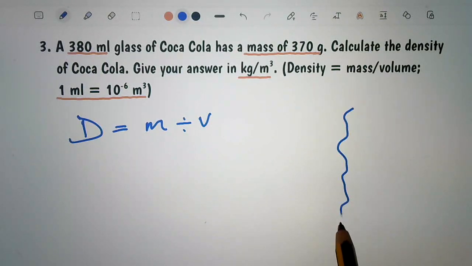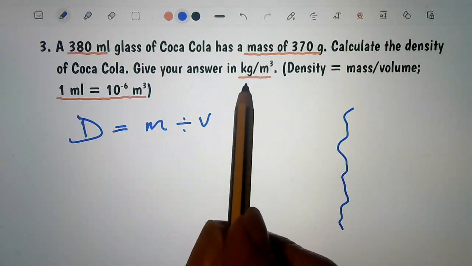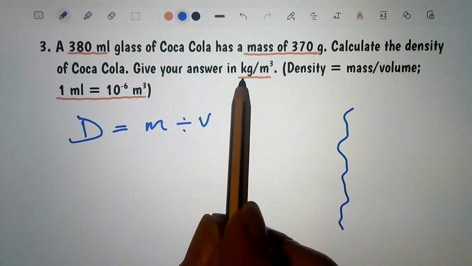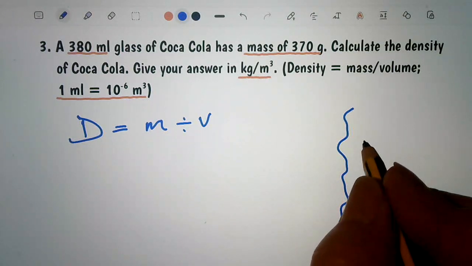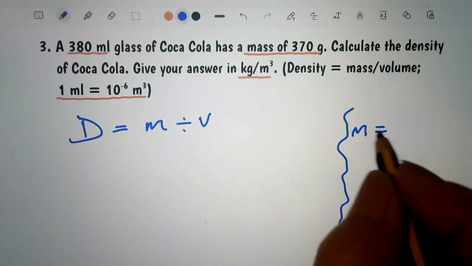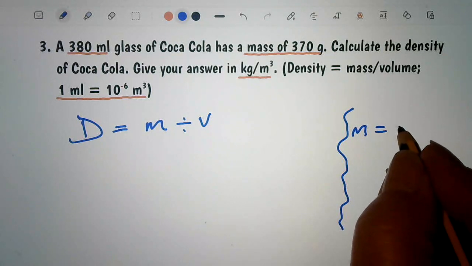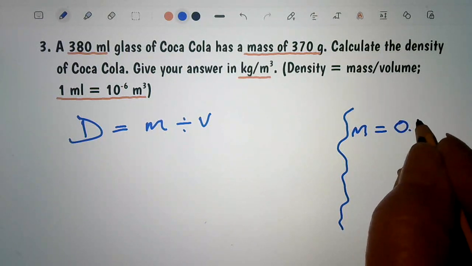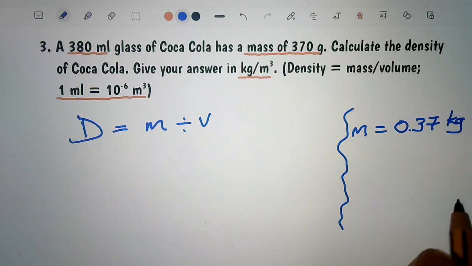Okay, let's get the data down. Now, it asks me for an answer in kilograms per cubic metre. So I'm going to put the mass in kilograms. 370 grams, I can do that in my head. 0.37 kilograms.